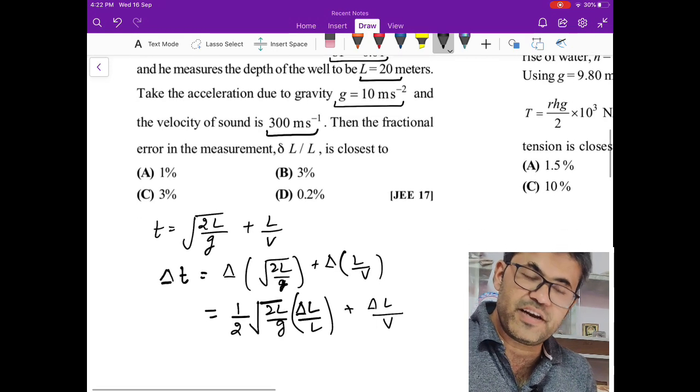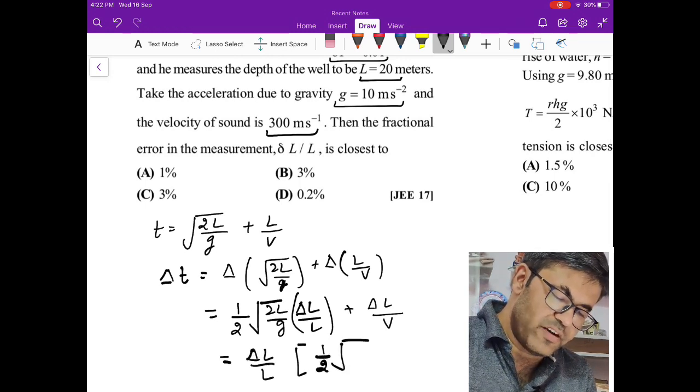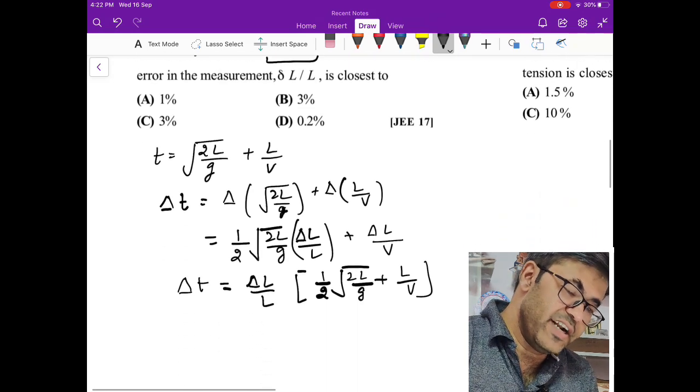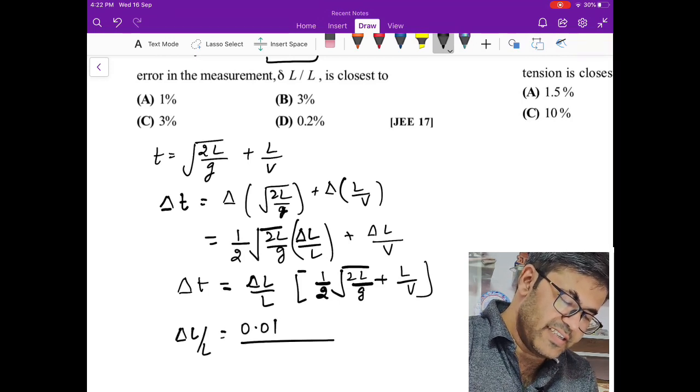So we have to calculate the fractional error in length. Let's say delta L by L, taking it as common, it would be 1 by 2 root 2L by g, and taking this L here it becomes L by v, and this is delta T. I am given the error in T as 0.01, so delta L by L is 0.01 divided by 1 by 2 root 2L by g plus L by v.